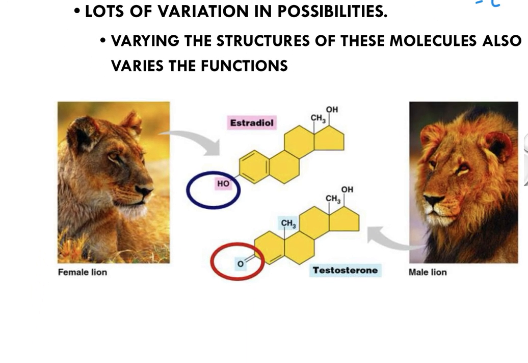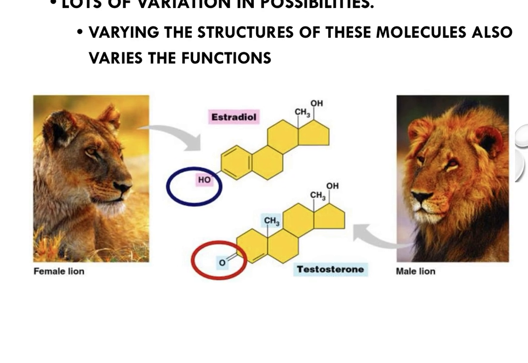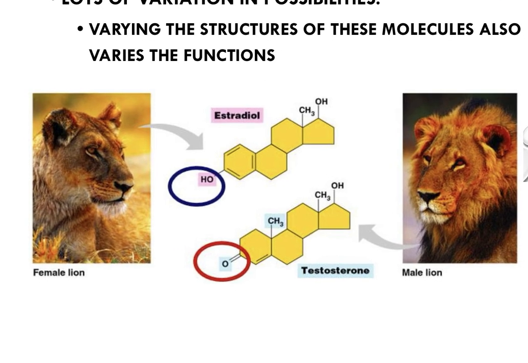So I want to take a look at this right here. This is an example of a lipid molecule, and these are steroid hormones, okay? This one is estradiol, which is a primitive pre-form of estrogen, and then this is testosterone. These hormones are essential in growth and development in life, and depending on the exposure to these types of hormones, that can affect the way the cell grows and develops.